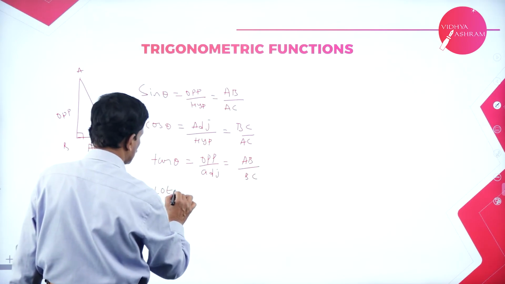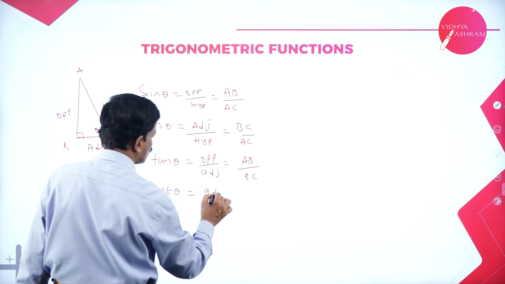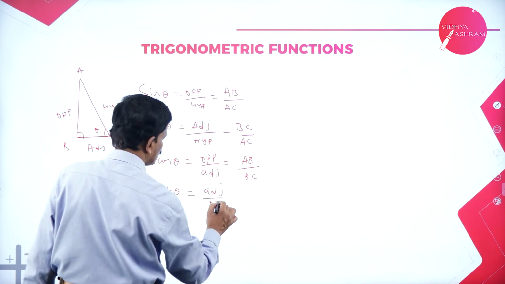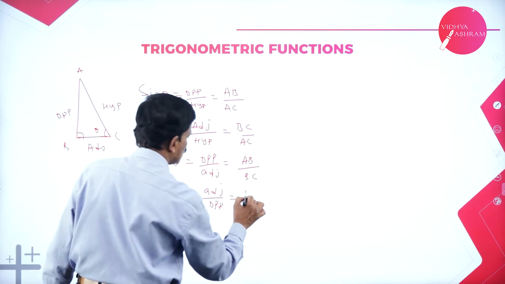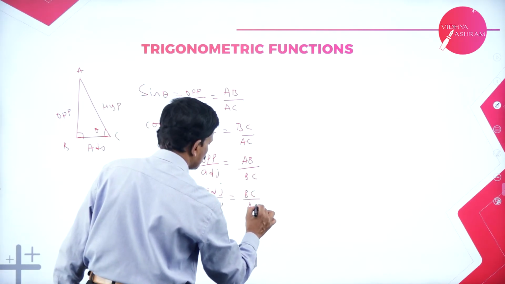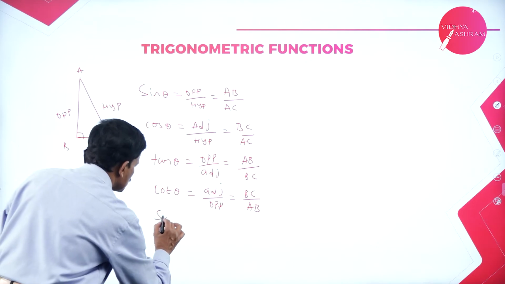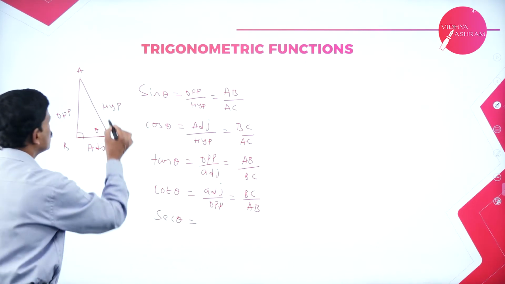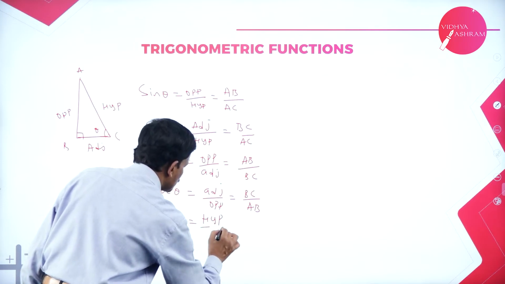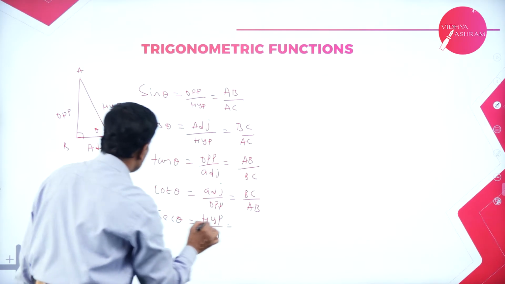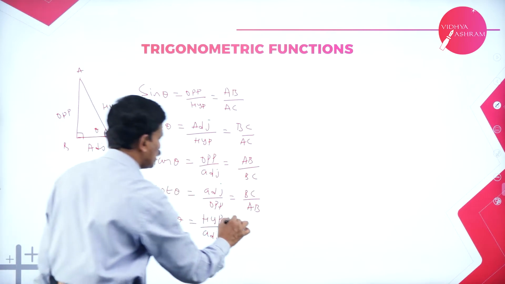Similarly, cotangent of angle theta, cot theta, is equal to adjacent side divided by opposite, BC divided by AB. And similarly, secant of angle theta, sec theta, is equal to hypotenuse divided by adjacent side. What is hypotenuse?